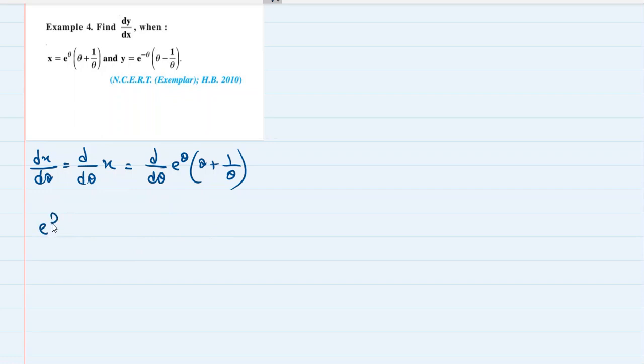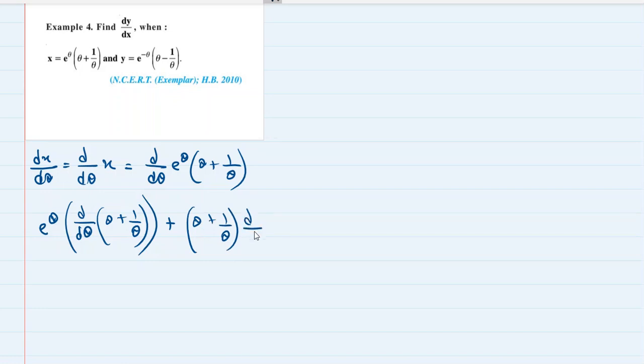First term multiplied by the differentiation d by d theta of the second term, that is theta plus 1 by theta, plus the second term, that is theta plus 1 by theta, into the differentiation d by d theta of e raised to theta.